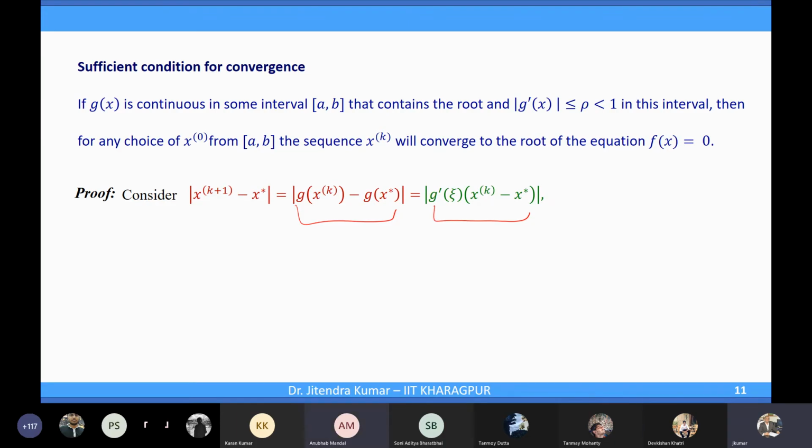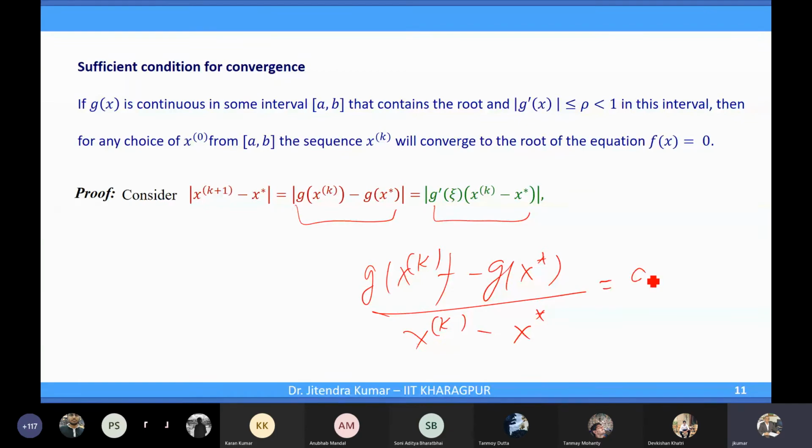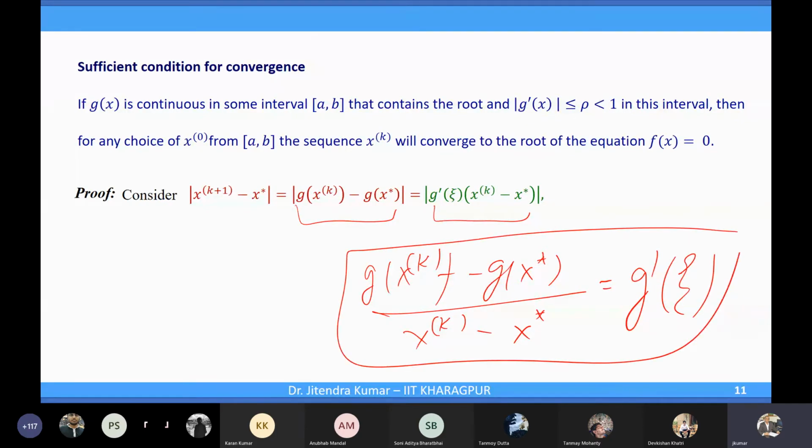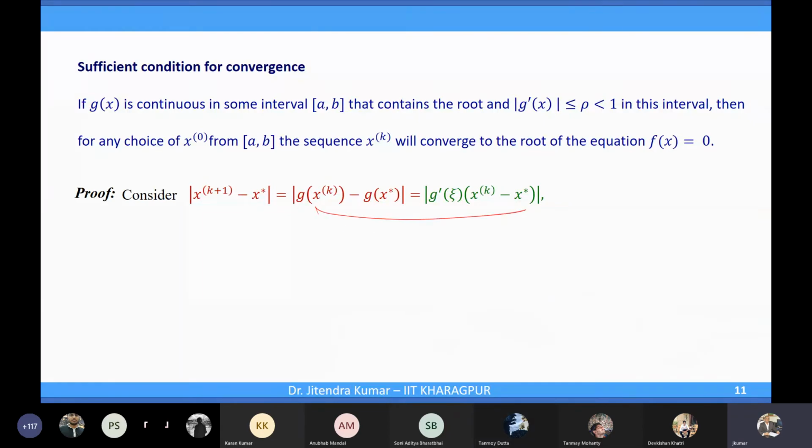So I applied that only: (g(x_k) minus g(x*)) divided by (x_k minus x*) is equal to g'(xi), where there will be some point xi in between. This is exactly the Lagrange mean value theorem.